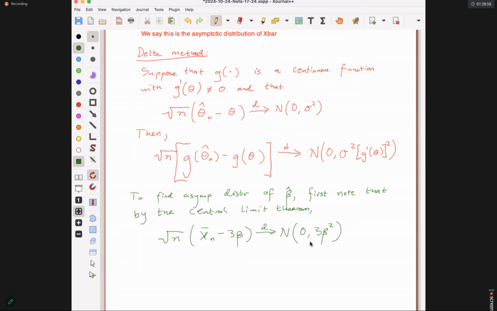We're going to apply the delta method. What should our function g be?